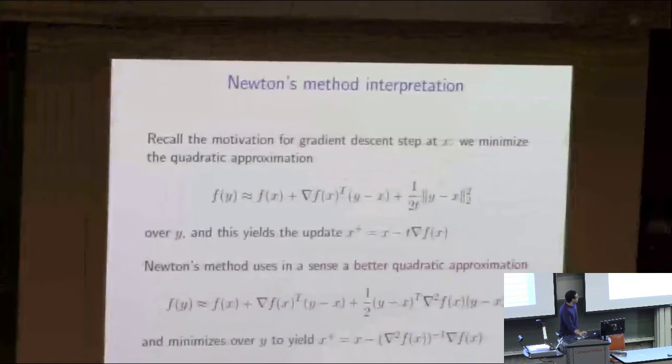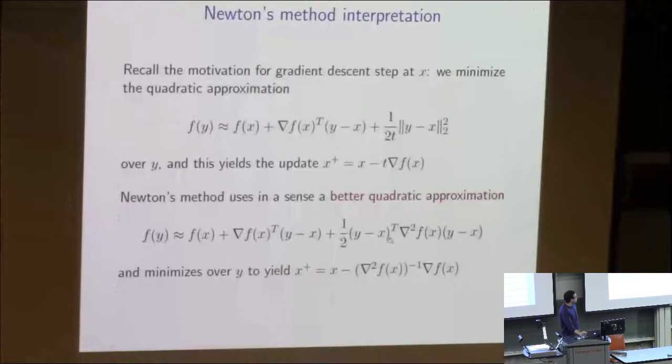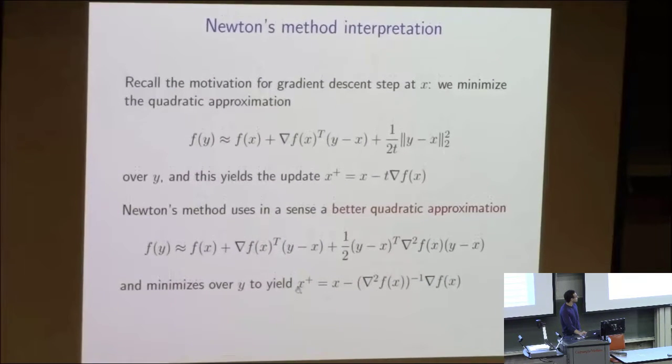And you can check that minimizing this quadratic approximation exactly gives us the Newton update.